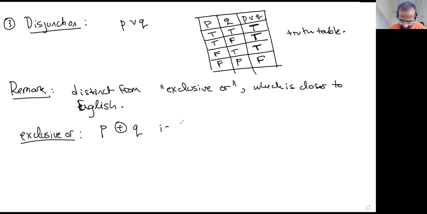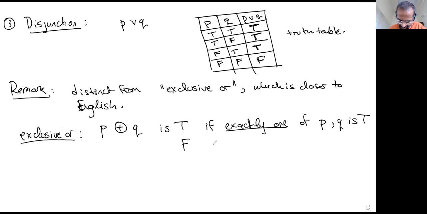This is true if exactly one of P or Q is true and false otherwise. So this distinction is important. This is different from the way we use this in English. Any questions about this?